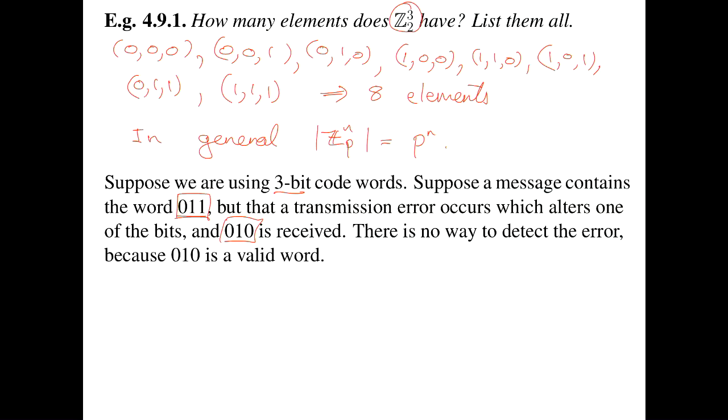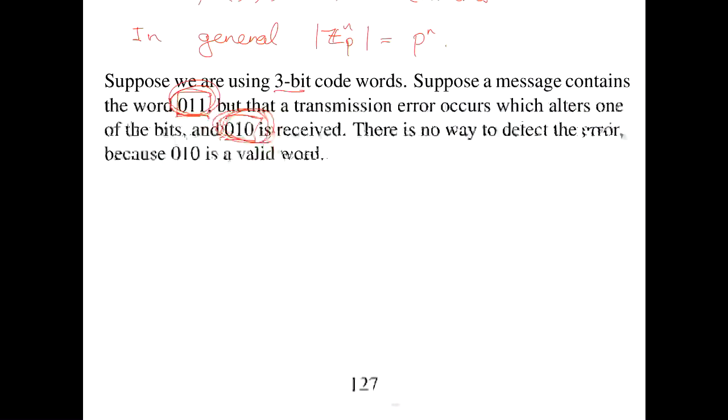If my space of code words is just Z_2^3, then there's no way of telling that an error has happened, because this is a valid element of Z_2^3, but so is this. So there's no way of telling whether or not an error happened.